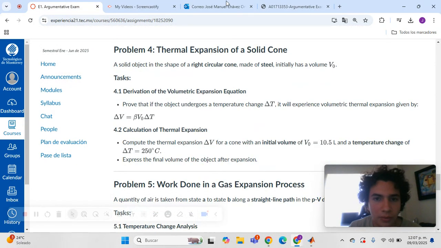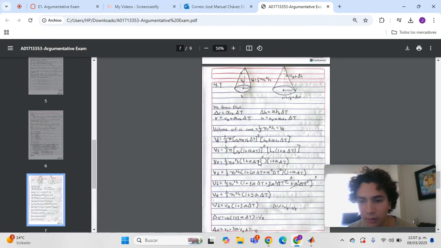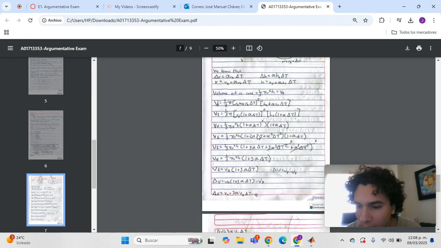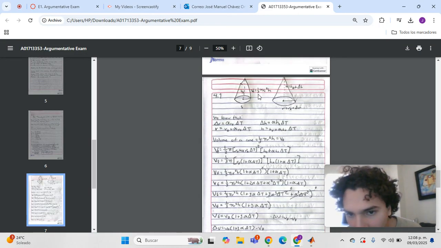Well, now problem 4. Now this is asking us to prove, first of all, that the volumetric formula of this cone is equal to delta V equals beta times volume 0 times delta T, where we have the formula of the volume of this cone, which is 1/3 times pi times radius squared times h.